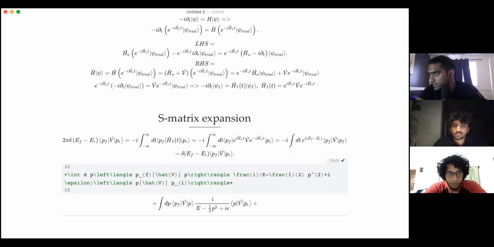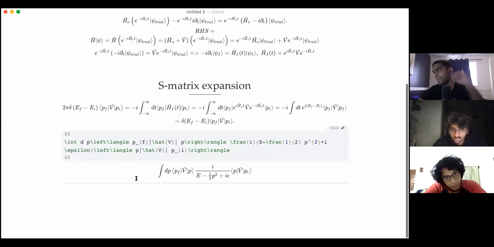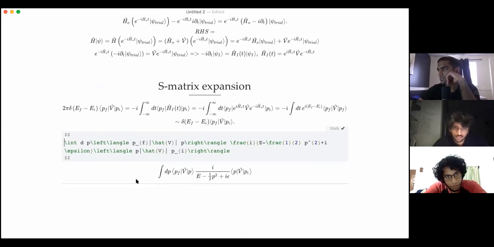Let's kill the plus. So Pradyot had anticipated something, but let's first look at what the second order expansion is.